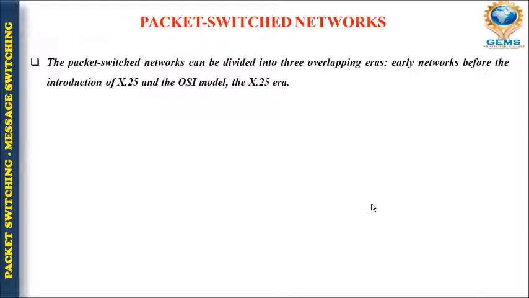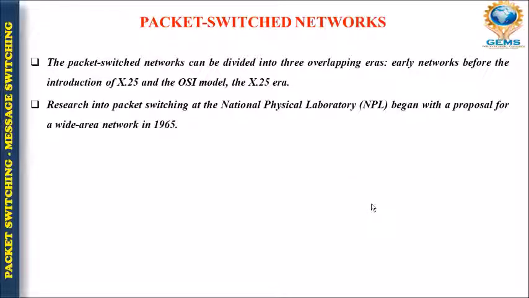So packet switch network was one of the essential ingredients of these three overlapping areas. Research into packet switching at the National Physical Laboratory, also known as NPL, began with the proposal for the WAN, Wide Area Network, and it was established in 1965.